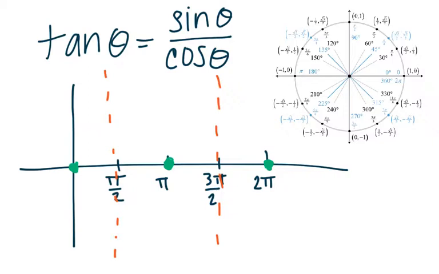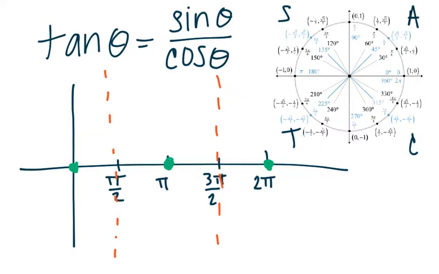Just one quick thing about the unit circle that I actually had intended to mention earlier and I forgot. The sign of your sine, cosine, and tangent functions is determined by your quadrant. So if I write A, S, T, C, the A is for all, this is for sine, this is for tangent, and this is for cosine.